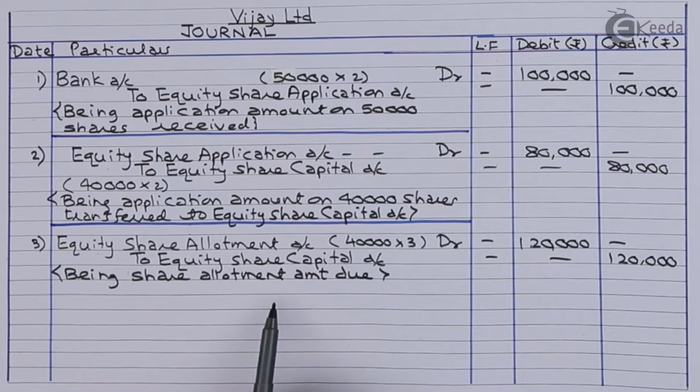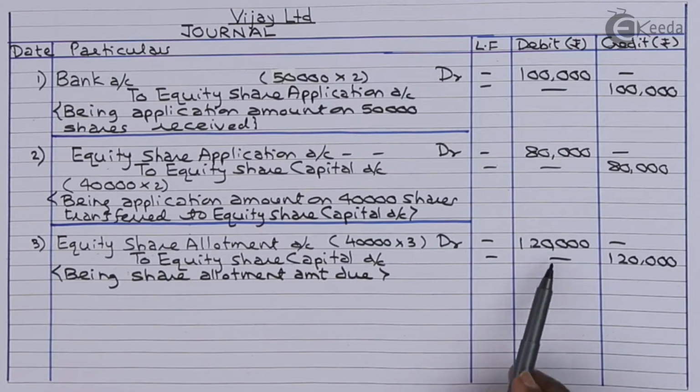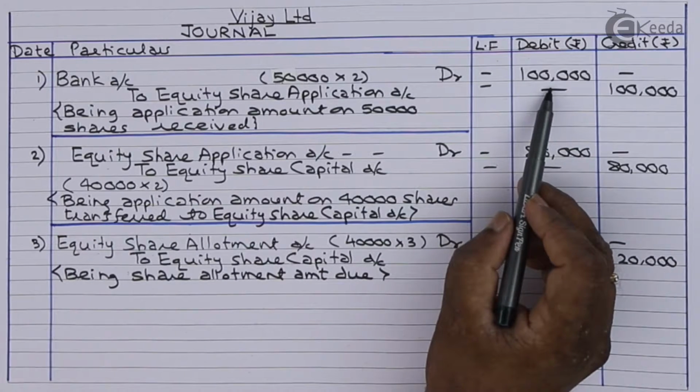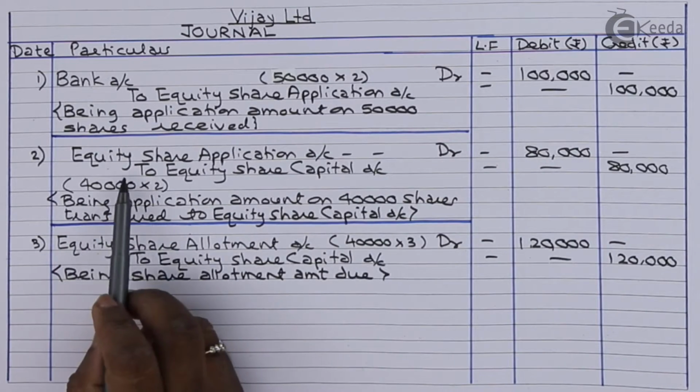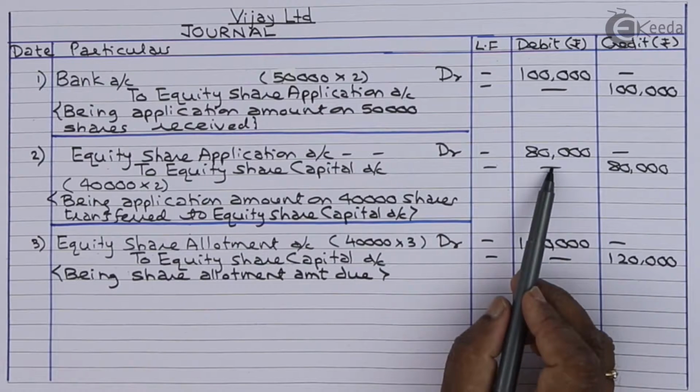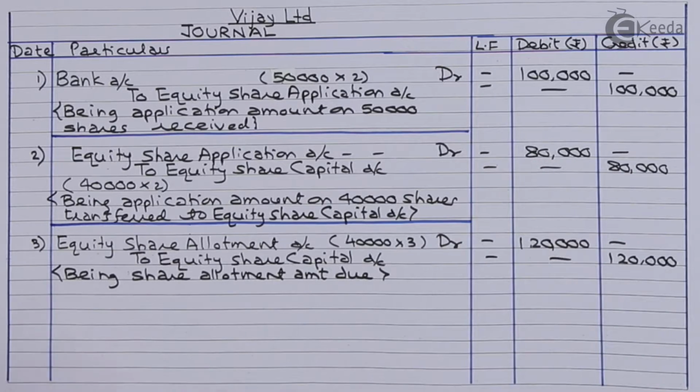Now in this case we are required to receive 1,20,000 from shareholders, but we already have some excess application amount. We have received 1 lakh at the time of application. Of this, the transfer to share capital account is 80,000. That means 1 lakh minus 80,000, 20,000 is excess application amount.